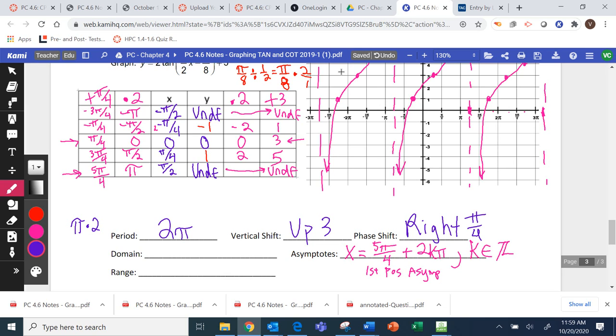Domain is almost the same as the asymptotes. You're just saying that it cannot equal those asymptotes. And then the range is all real numbers, so negative infinity to positive infinity.